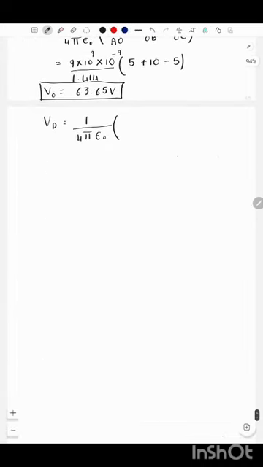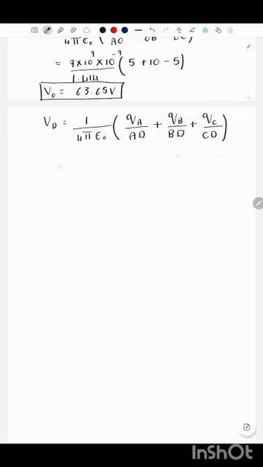Therefore, Vd is equal to 1 by 4 pi epsilon naught QA divided by the distance from the point D, AD, plus the second charge QB divided by BD, the distance from the point D. Then the last charge QC, and the distance between them is CD.